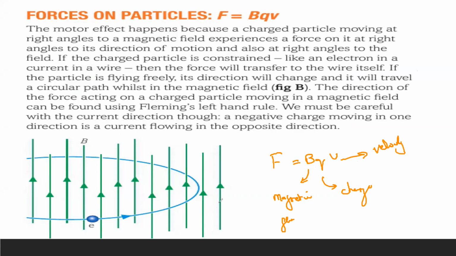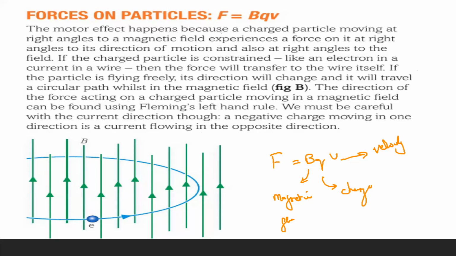If you know the angle which it is making with the magnetic field, you always take the perpendicular component of the velocity to work out the force experienced by the charged particle. So F equals BQV is used to calculate the strength of the force a charged particle experiences when it is moving in a magnetic field.